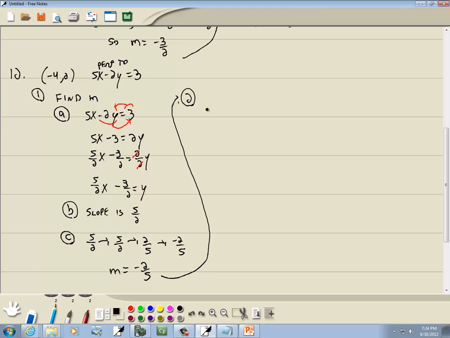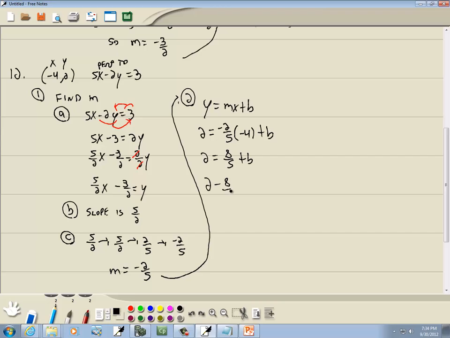Okay, step 2. Plug in the given point for x and y. That's x and that's y. So put 2 in for the y. M from step 1 we said was negative 2/5, and x is negative 4, and then plus b. And then we want to solve for b. Negative 2/5 times negative 4 is 8/5, so we got 8/5 plus b.